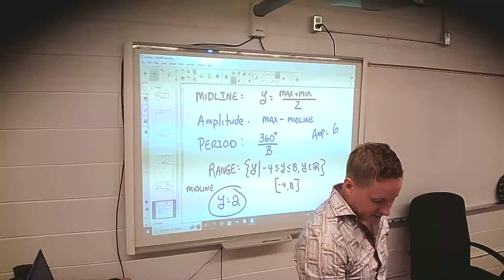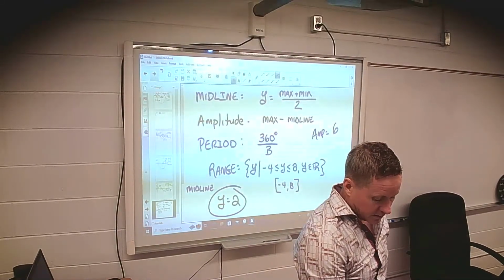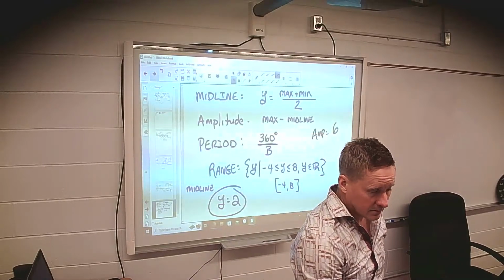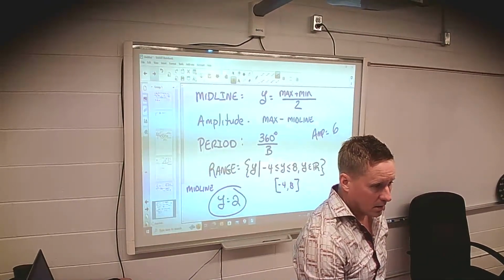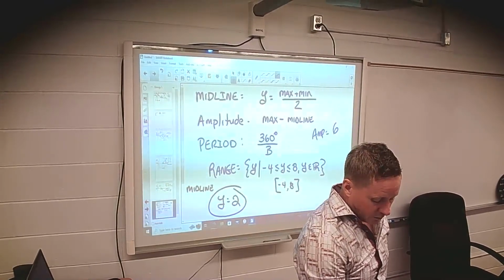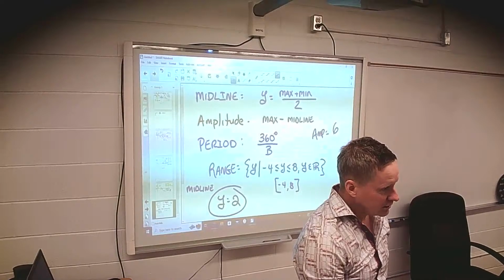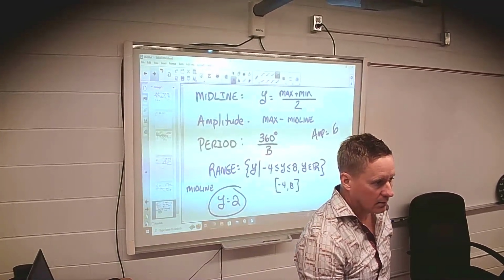This one's a little bit harder to see on this graph, but let's try it anyways. 135? No. Okay, but look at your grid. What does each mark on the X equal?